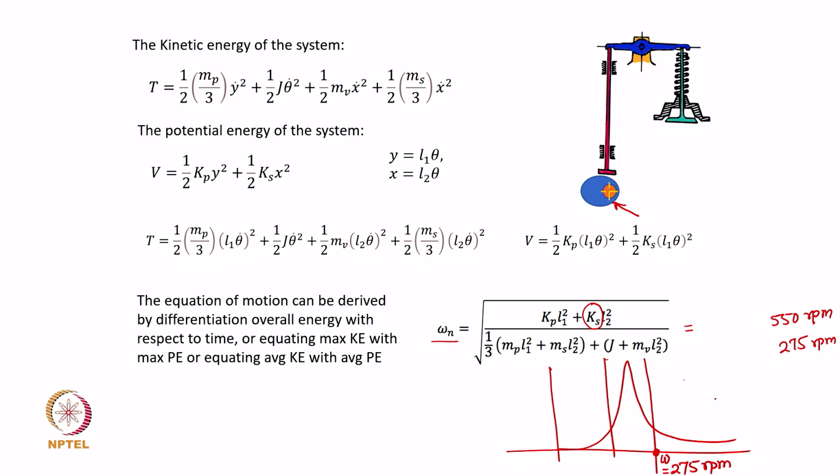Now, this of course will give you radians per second, you will convert that into rpm, and this omega n, whatever you get by substituting all the numerical values, will be this value. And what you are supposed to check is whether this gap between the natural frequency of this vibratory system and the excitation frequency for this vibratory system is 20%.